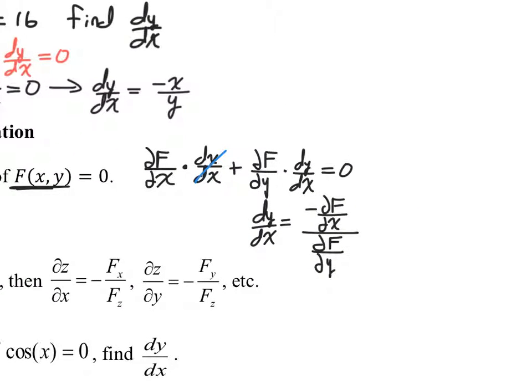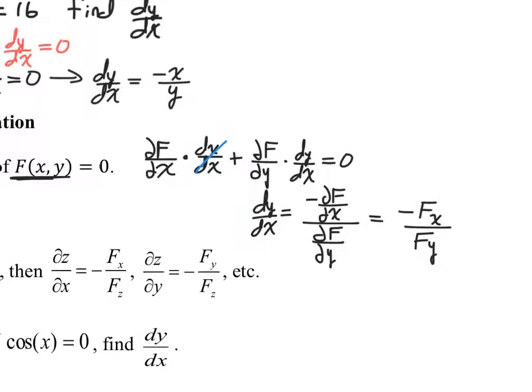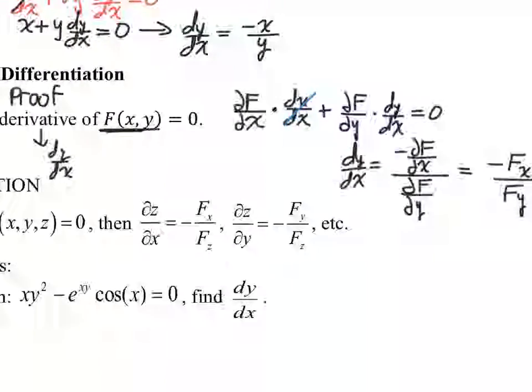If you want cleaner notation, you might say negative f sub x over f sub y. But basically we just proved that the negative reciprocal relationship holds in 2 space.